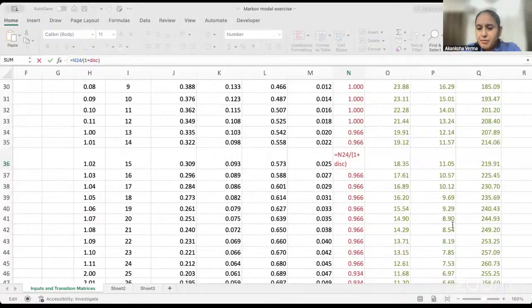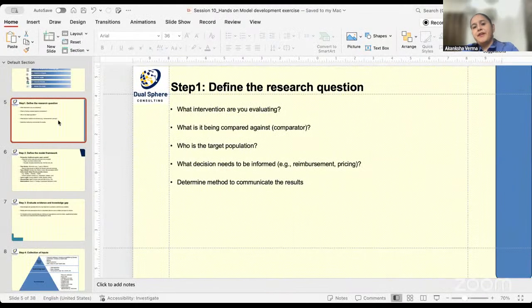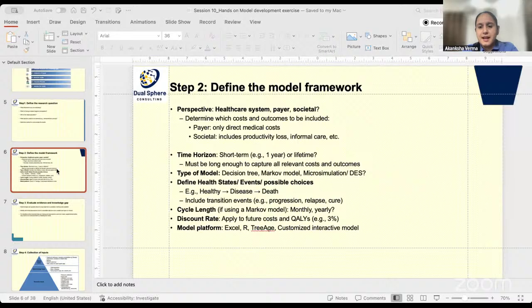What points should I keep in mind while creating a model? See, as I told you earlier, let me just reshare that with you. Once you have defined your research question, the next step is defining your model framework.